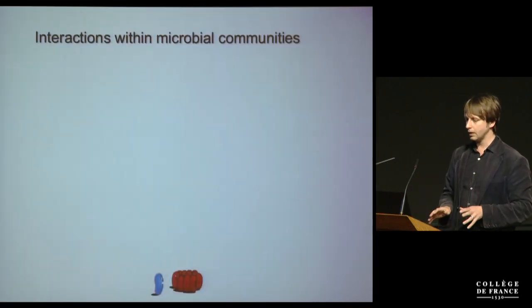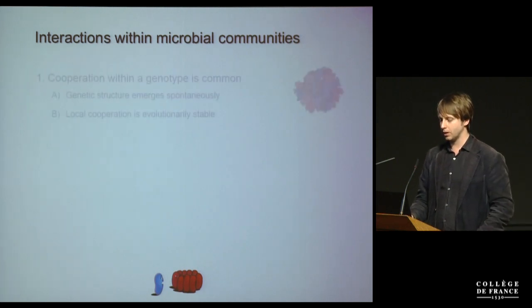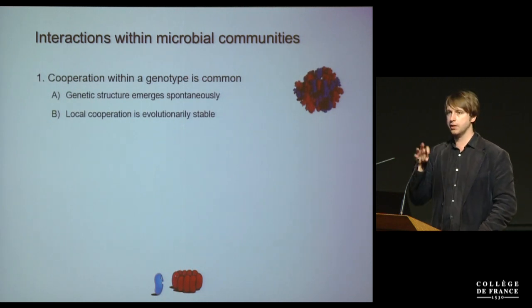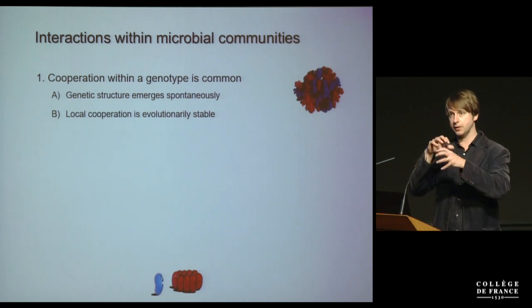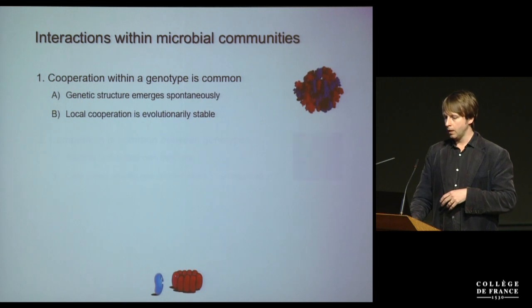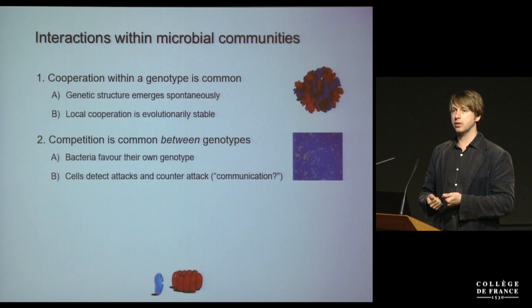Okay, I'm on time. So just quickly then, to summarize what I said today. What we've done really suggests that cooperation within genotypes is very common. And indeed, so long as we can get these patches of a single genotype, that's where we really expect to see a lot of cooperation. By contrast, between different strains, we think that nutrient competition will commonly lead to competition.